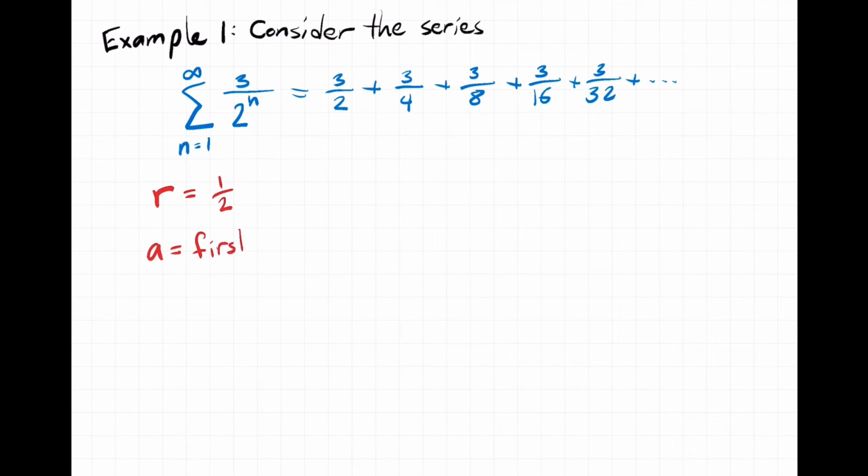In fact, that's going to be true whether n starts at 0 or 1 or anything. So that's going to be 3/2. Since our r is 1/2, since the absolute value of 1/2 is in fact less than 1, because it's 1/2, the series converges.